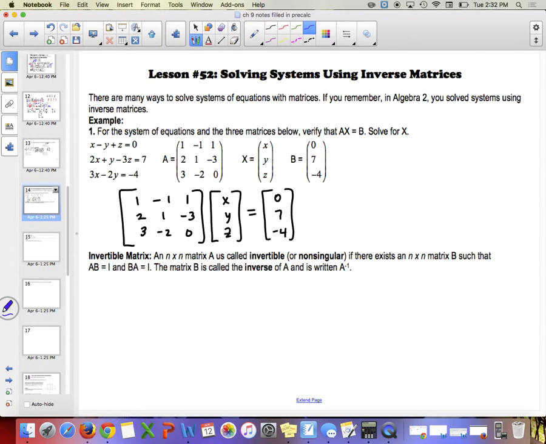As we know, the first matrix is a 3 by 3. There are 3 rows and 3 columns. The next one is a 3 by 1, and we end up with a 3 by 1. As we multiply matrices, we multiply rows of the first by columns in the second. We know that we would end up with a 3 by 1 matrix.